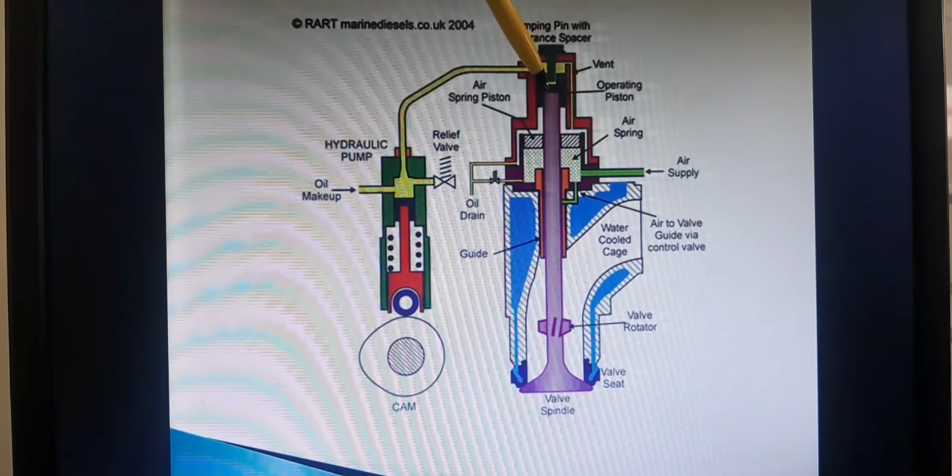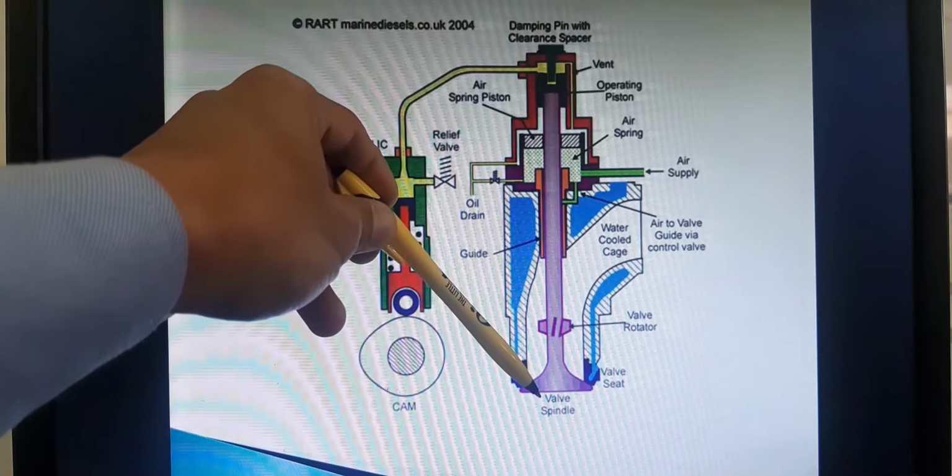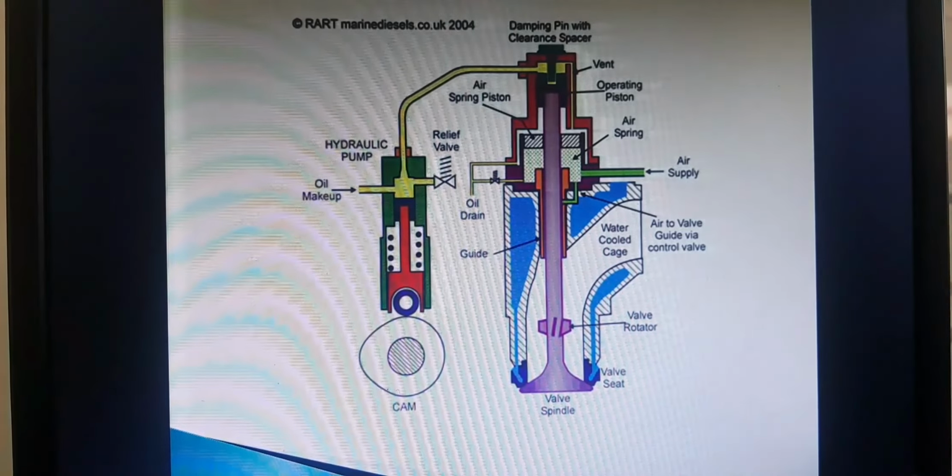And in turn, it will open the valve. Understood?